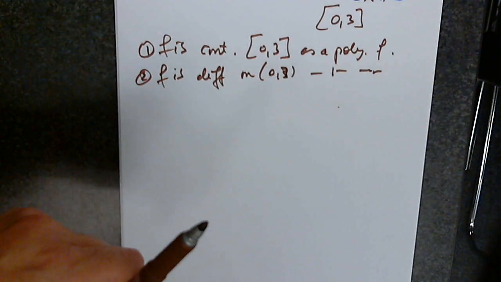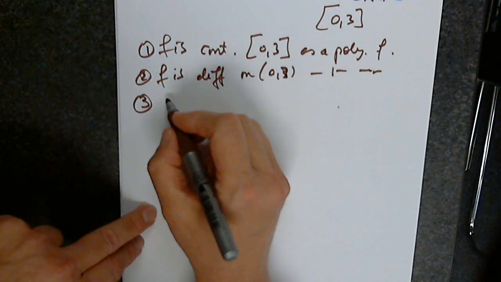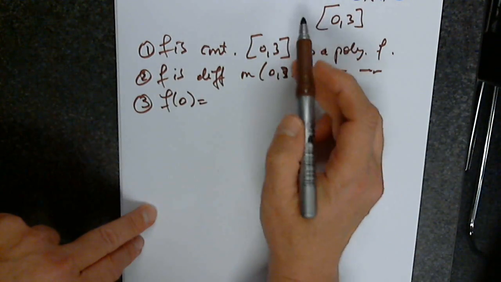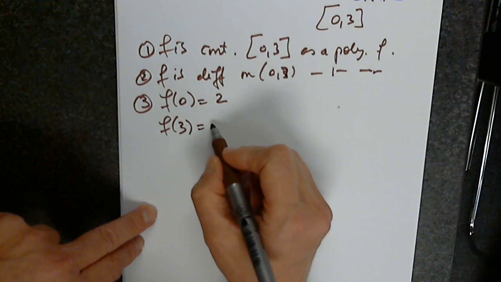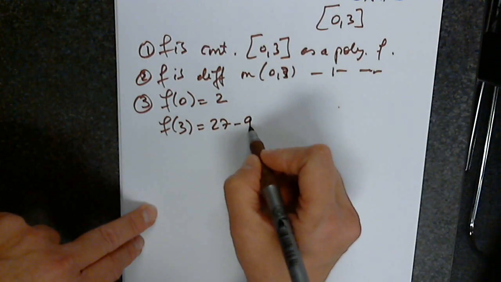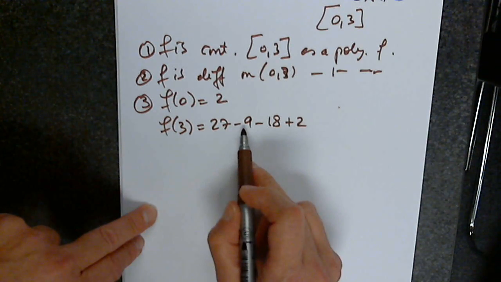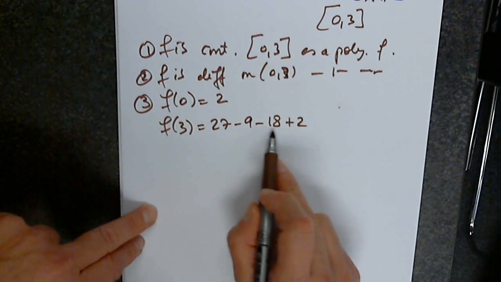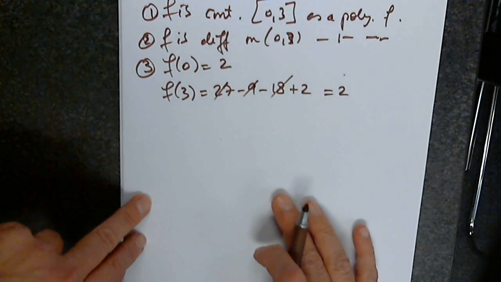All polynomial functions are differentiable everywhere. Step number 3, I have to find f of 0. f of 0 is 2, and I have to find f of 3, which is 27 minus 9 minus 18 plus 2. It's 2, correct, yes. These are equal.